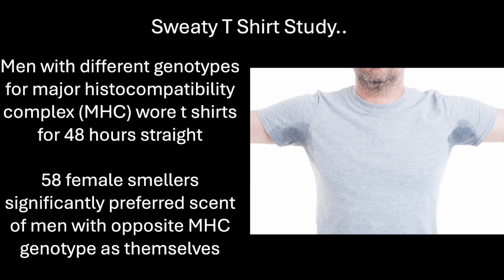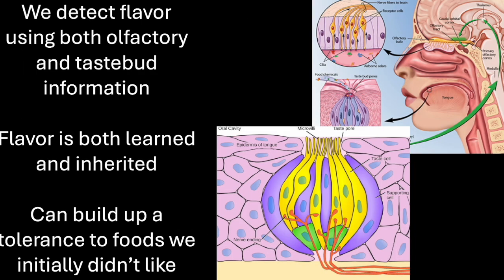Then they had 58 females smell these different shirts from all these different males, and they preferred the scent of men that had opposite genotypes at this one gene. So kind of gross, but again, used in sort of a selective sense here, just for scent. There's many more ways that scent is used for mate selection and things like that, but this is just one really gross example, so I thought I'd show you.